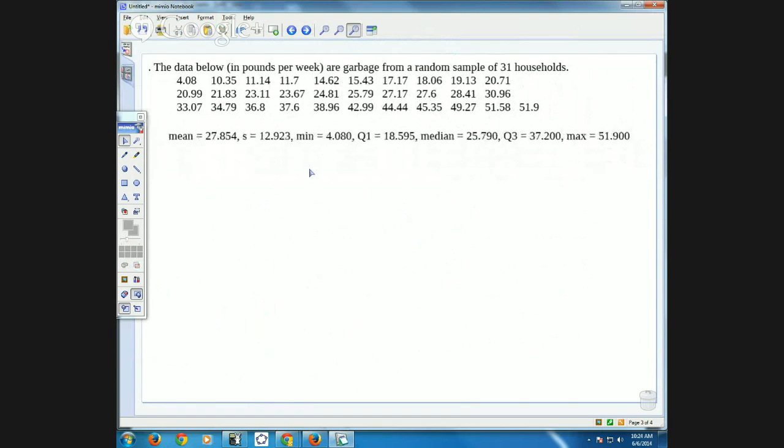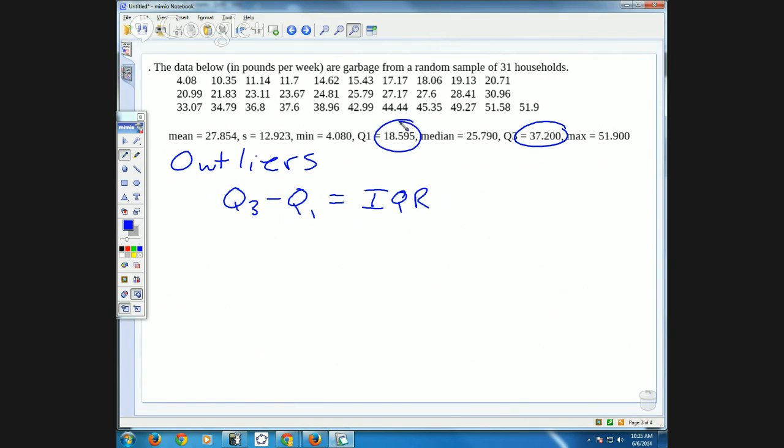Okay, so what are our two ways of determining outliers? You're going to find Q3 minus Q1, the interquartile range. So in this case, where are those? We've got this one minus that one.